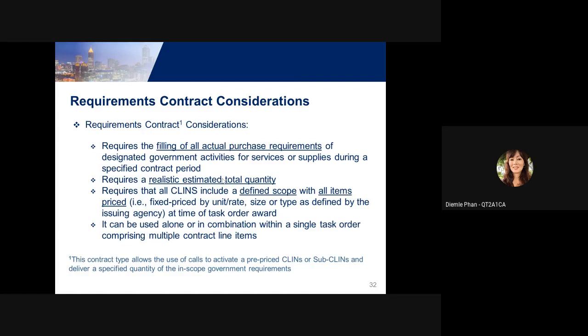Each contract line item has to link back to the defined scope, and all the items will be priced out. It's just that you don't know the quantity, like the number of hours that you will need, but you do know that you need that type of IT services.